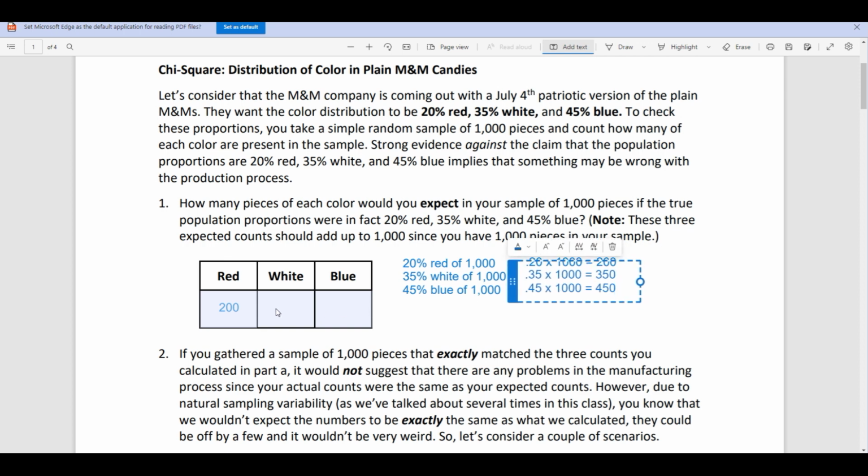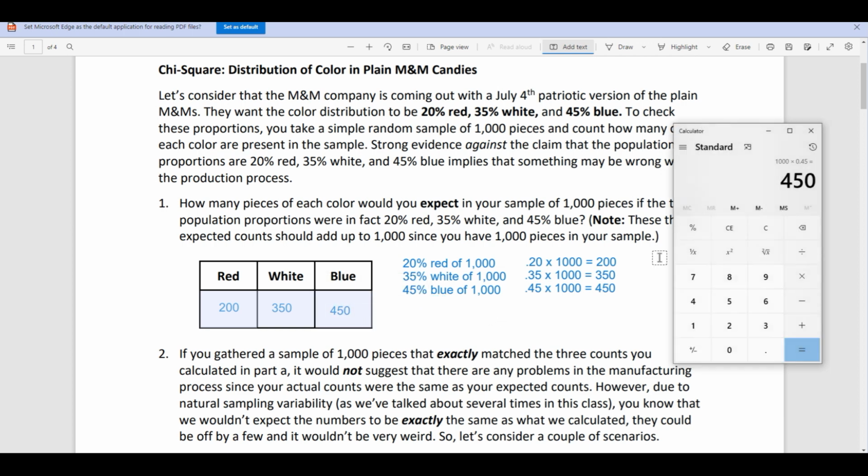So we would then expect 200 red, 350 white, and 450 blue. And these should add up to 1,000. So 200 plus 350 plus 450. So these are what we would expect if everything is running completely perfectly and we're getting exactly 20% red, 35% white, and 45% blue, and we had a perfect sample. These are the numbers we would expect to see.